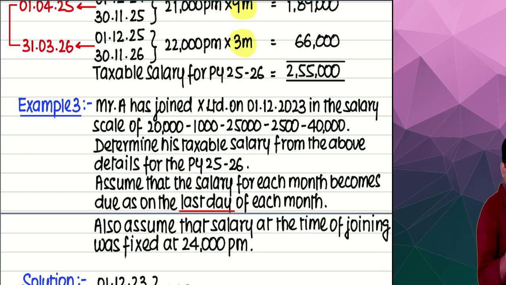Now don't commit mistake in this. Small information is added. One more extra information is given in this example.